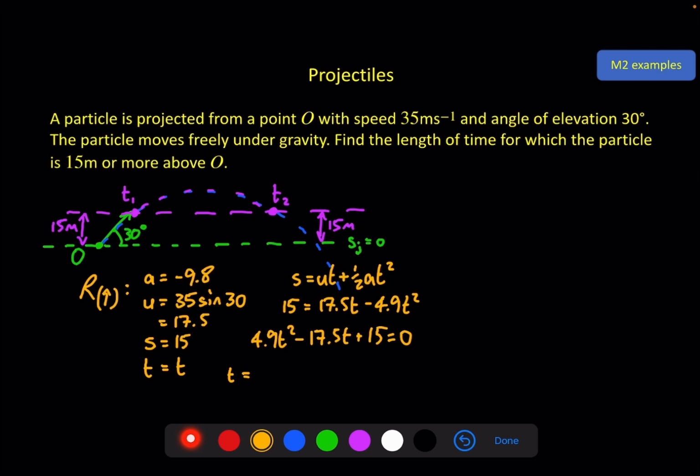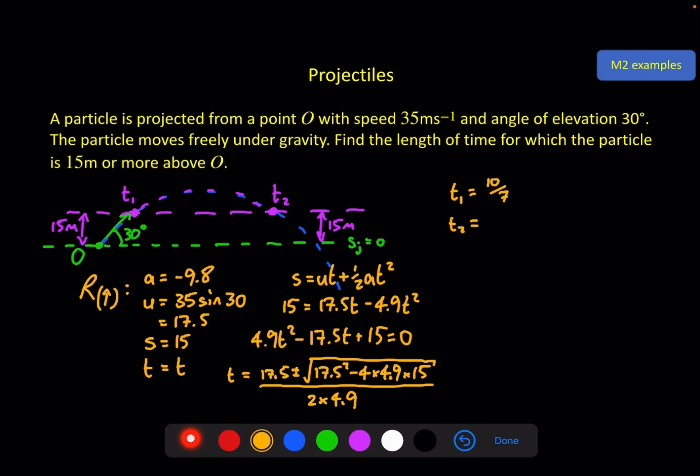t is equal to 17.5 plus or minus the square root of 17.5 squared, minus 4 times a times c, all divided by 2 times a. That gives me two values. The first one is 10 over 7, and the second one is 15 over 7.